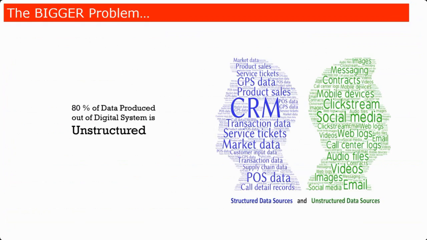RPA works really well with structured data. But when there is unstructured data, it has to join hands with other technologies to work better. And that's where AI and ML integration comes in.